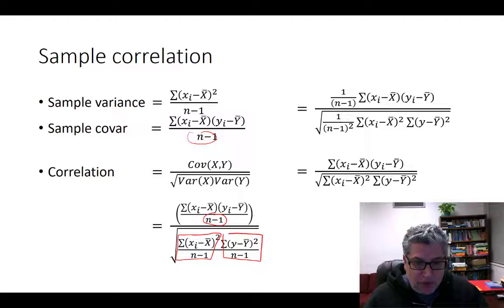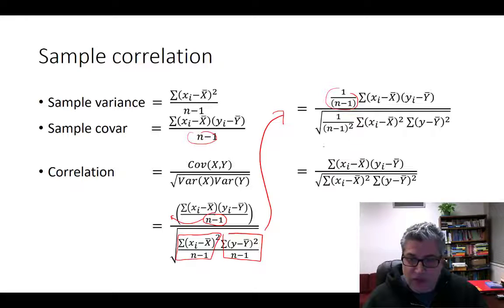So we can just pull this out. That's this term here, right? And then we have this multiplied n minus 1 term. We've got two of them, so we can just move that out. And then we've got the same thing that we had before.